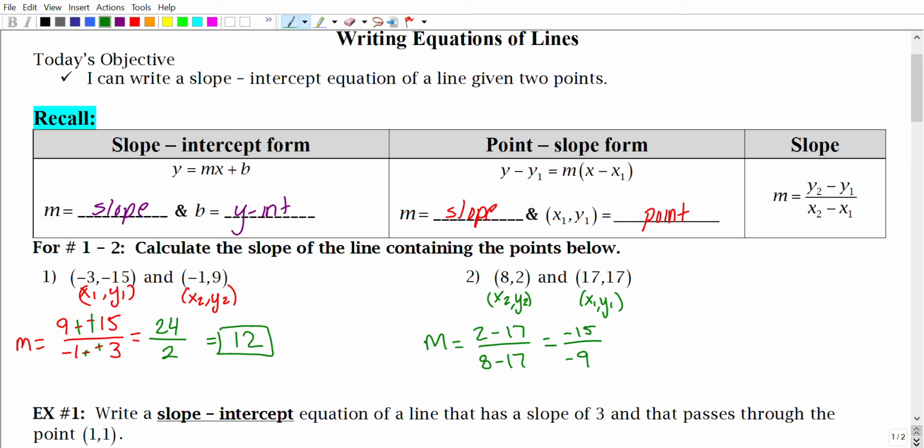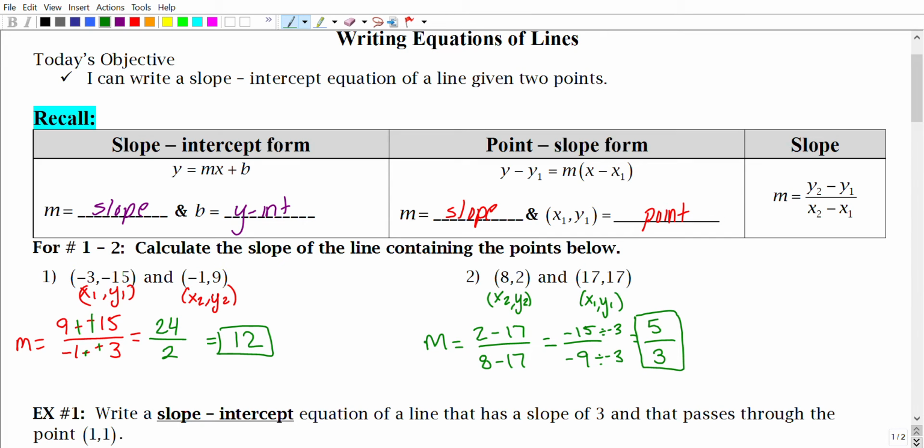Okay? Those two have a 3 in common, and actually they have a negative 3, so I'm going to divide both of them by negative 3 because they're both negative. And what do I get? I get a positive 5 over a positive 3. So my slope here is 5/3.